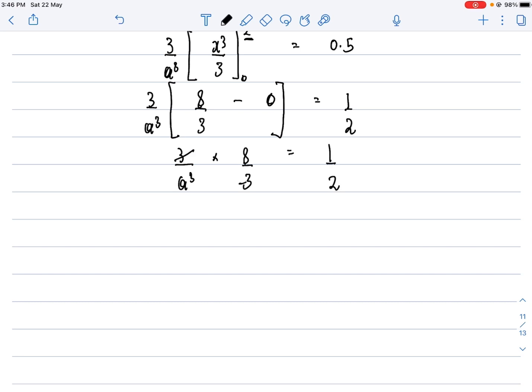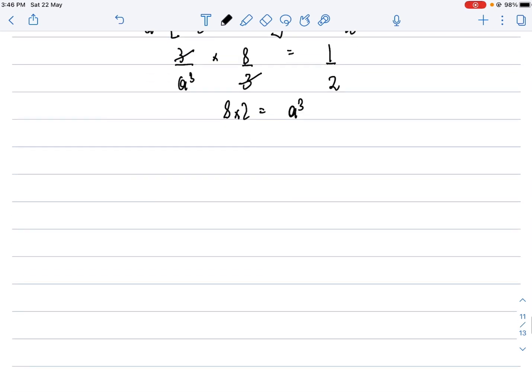I can cut this here, and now I can write this as 8 into 2 equals a cube, so a cube equals 16. Now my a is the cube root of 16. I can do the cube root of 16 on my calculator, and the value I get is 2.52, which is what I needed to show for a.